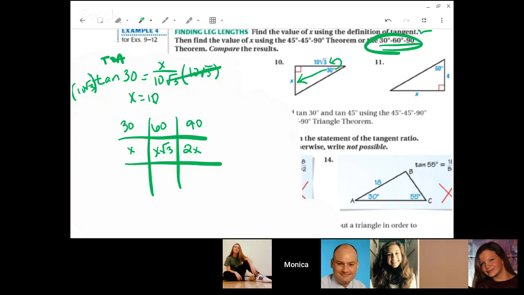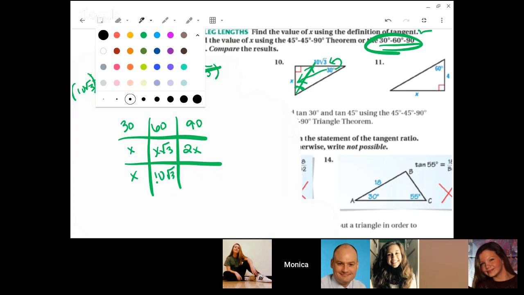Okay. So across from the 30-degree side is x, right? We don't know what it is. Across from the 60-degree side, which would be this angle, right? So across from that is the 10 square root 3.